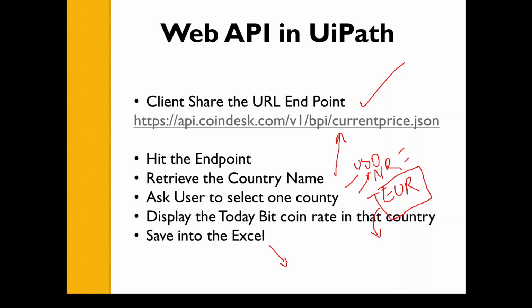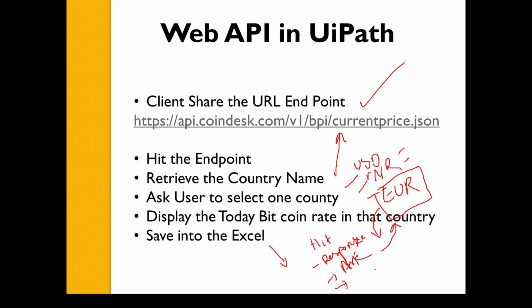So what we are trying to do: first hit the web API, then we get the response, a JSON response. From that JSON response we ask the user which currency's Bitcoin rate they want to fetch. Once the user provides the option, we retrieve the information related to that currency.